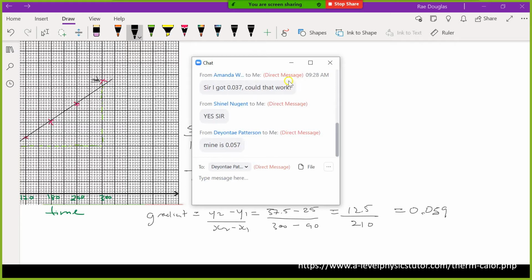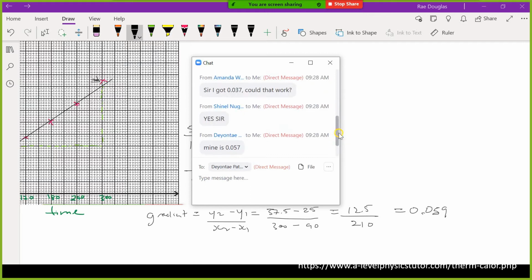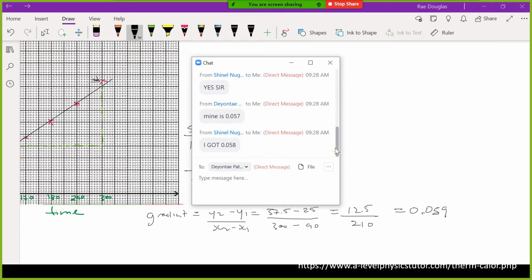But at the end of the day, you'll be getting somewhere around that range. If we check your graph and see you did everything correctly, you got that value, and you show the working out properly, then we can't penalize it too much. But if the line is not completely a line of best fit, then that could explain why the gradient could be off.